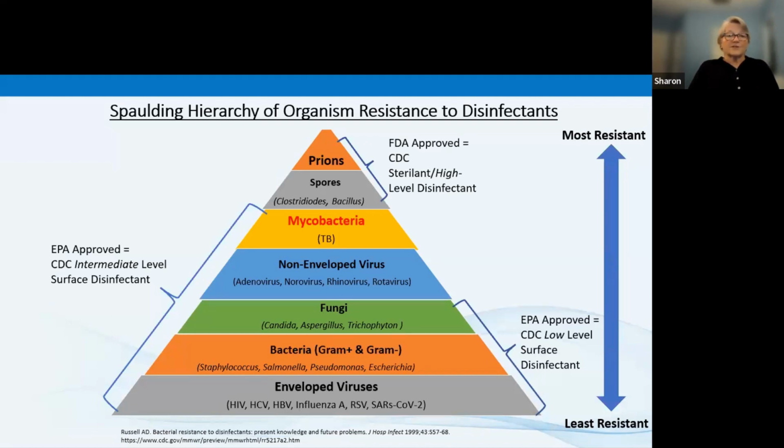So any surface disinfectant with that tuberculocidal claim on the label is considered capable of inactivating a broad spectrum of pathogens. And you can see by looking at the slide, the intermediate levels take care of mycobacteria all the way down. That low level takes care of just the last 3 groups.